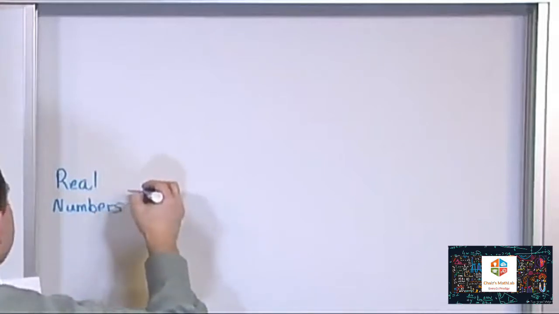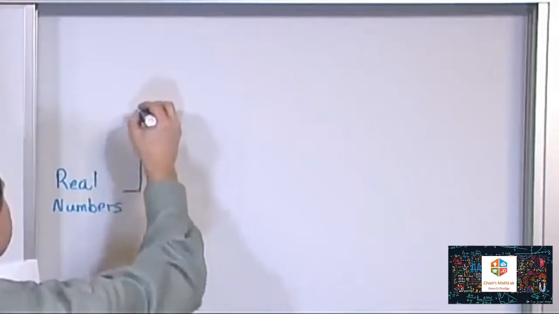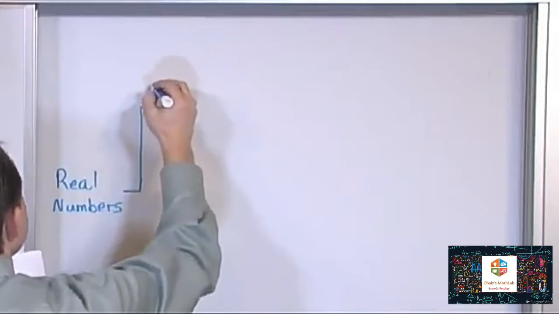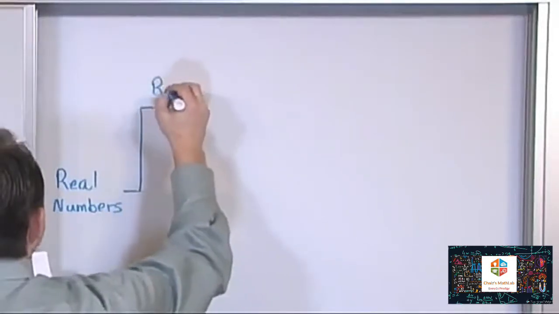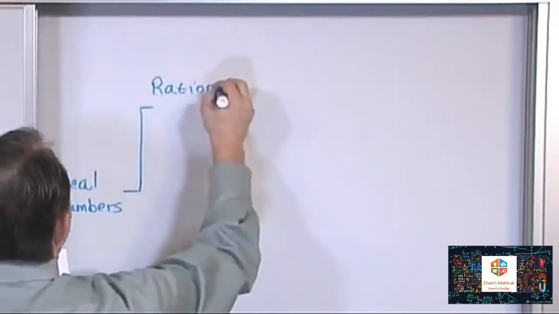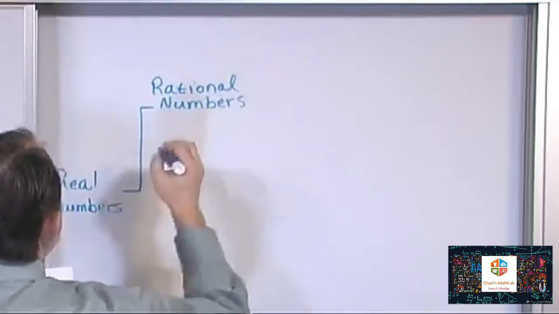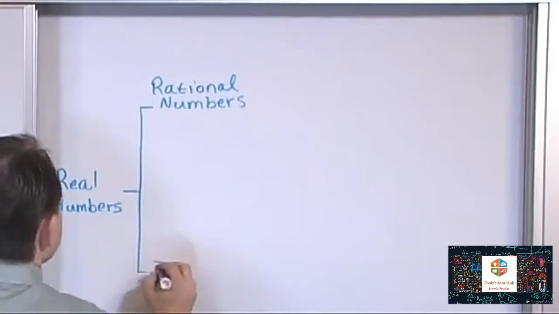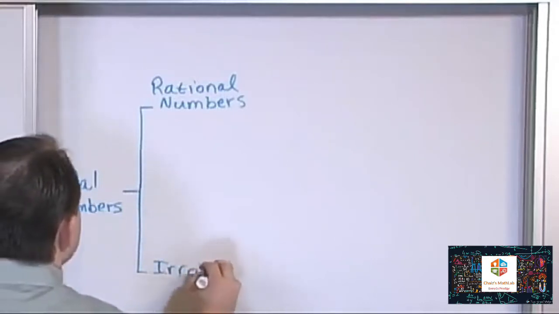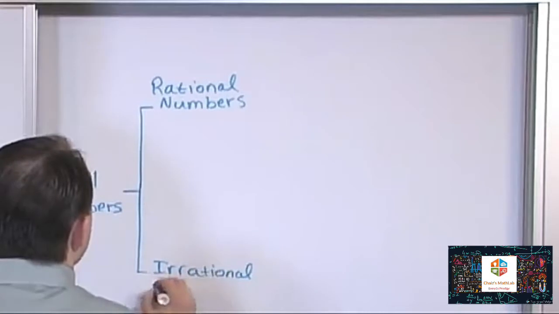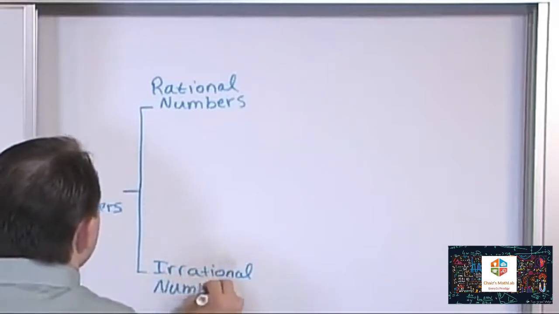And coming out of the real numbers, you can kind of split this into the rational numbers, right, the rational numbers, and of course, the irrational numbers. Right?